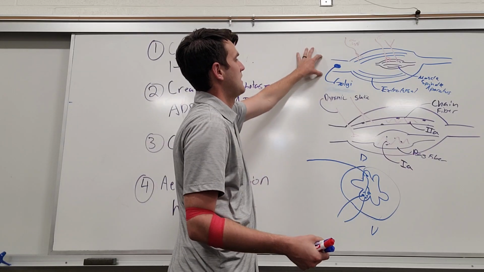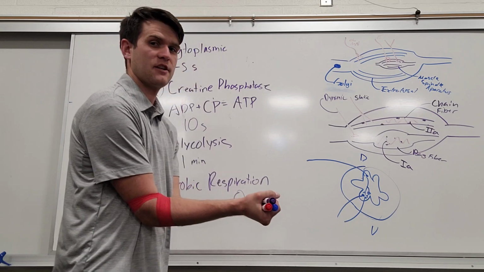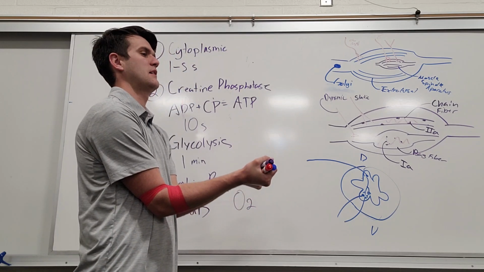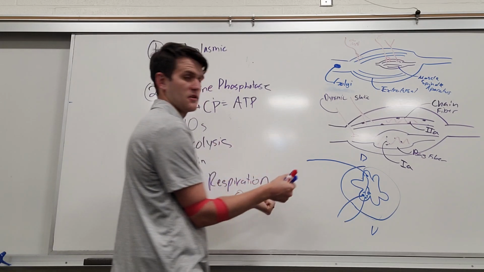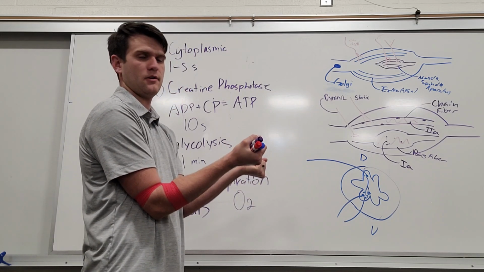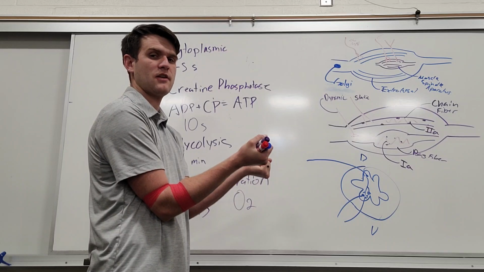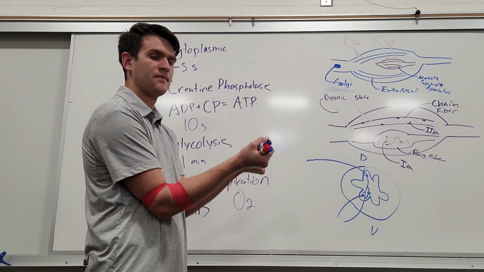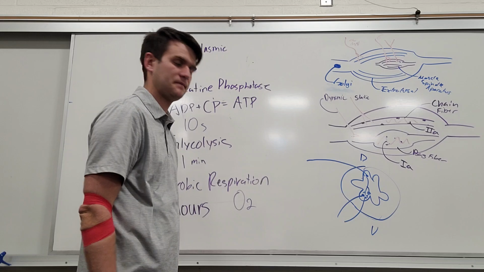It's going to see that this tendon is being stretched and contracted way too much. So it's going to send a signal to our spinal cord, which is going to say, hey, you need to release, relax the biceps and contract the triceps to relieve that tendon, and then you're just going to drop that weight.